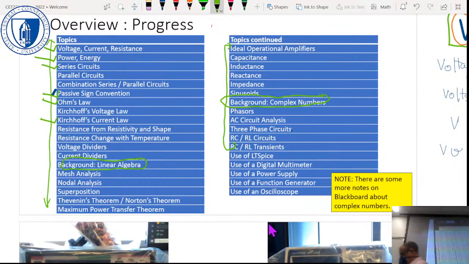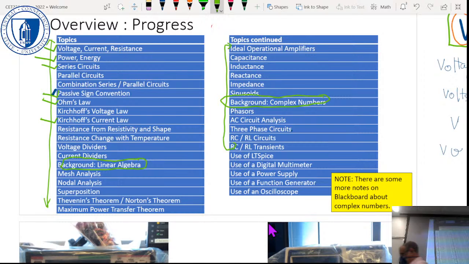This one, I probably shouldn't have used red for the right ones, but anyway, this one is not a loop because it crosses back over itself, right?